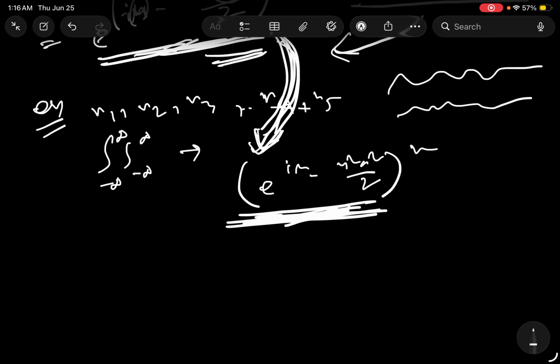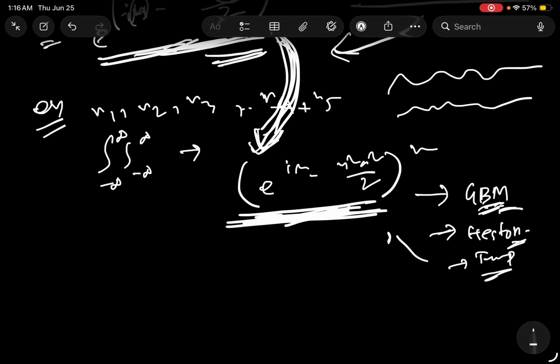In future, I'm going to make videos covering where it falls in terms of GBM, or models like Heston and the jump diffusion model, which use this particular logic in different ways.